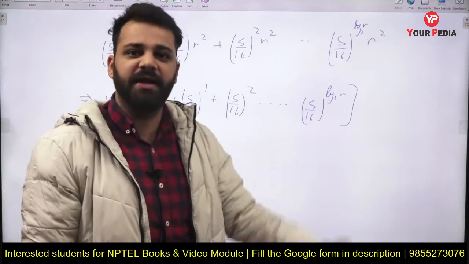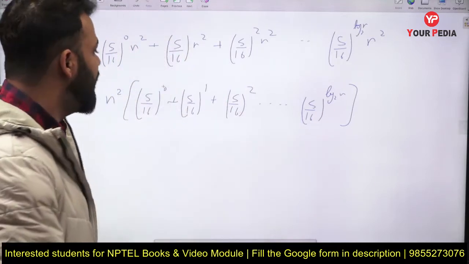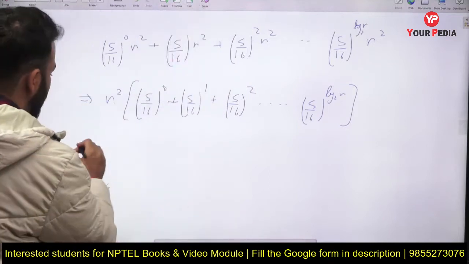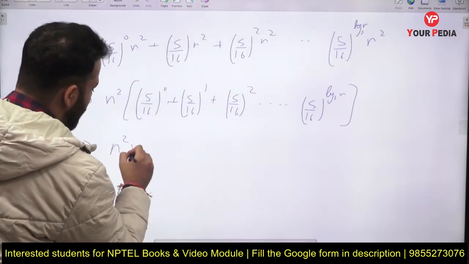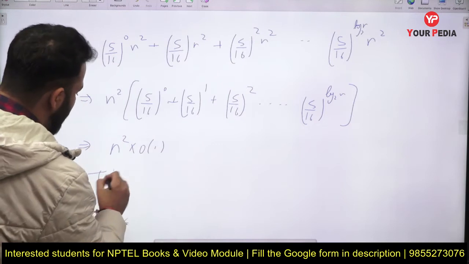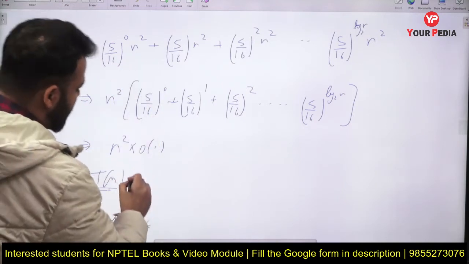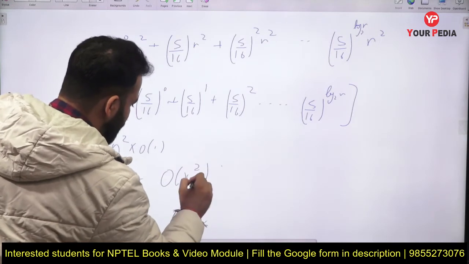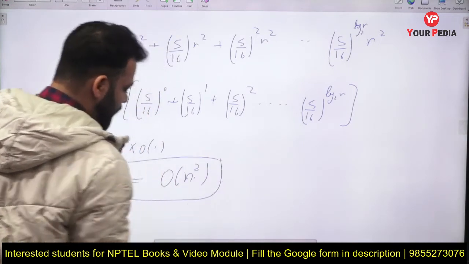So it is a decreasing GP, and time complexity for decreasing GP is always order of 1. So the answer will be n square into order of 1, which is order of n square. So the correct option will be order of n square.